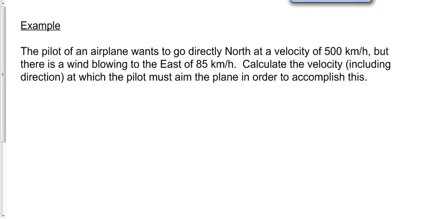All right, let's look at what we got here. The pilot of a plane wants to go directly north at 500 kilometers per hour. Now, where the pilot wants to go, does that contribute to the plane's motion, or is that the plane's motion? Is that a contributing factor, in other words, a solid line vector, or is that a dotted line vector? Is that a result of a bunch of other factors?